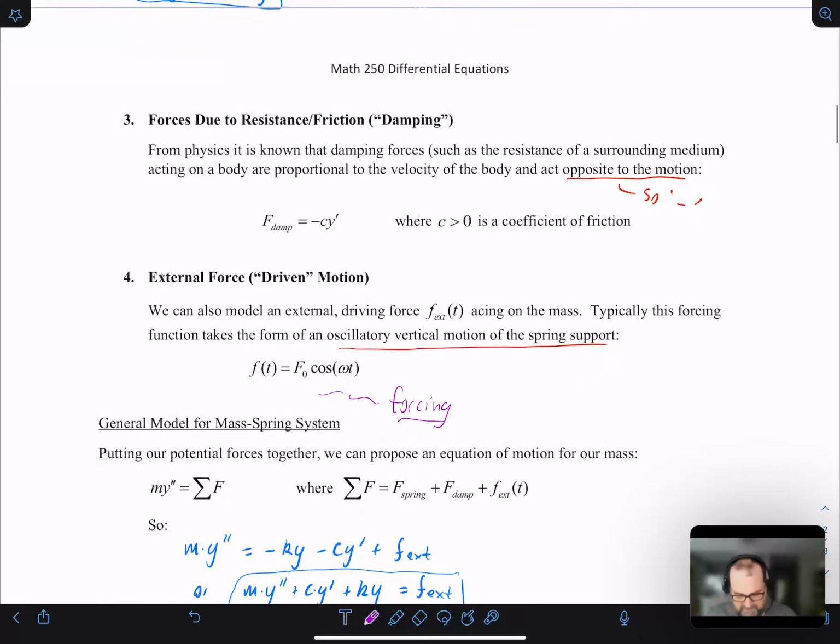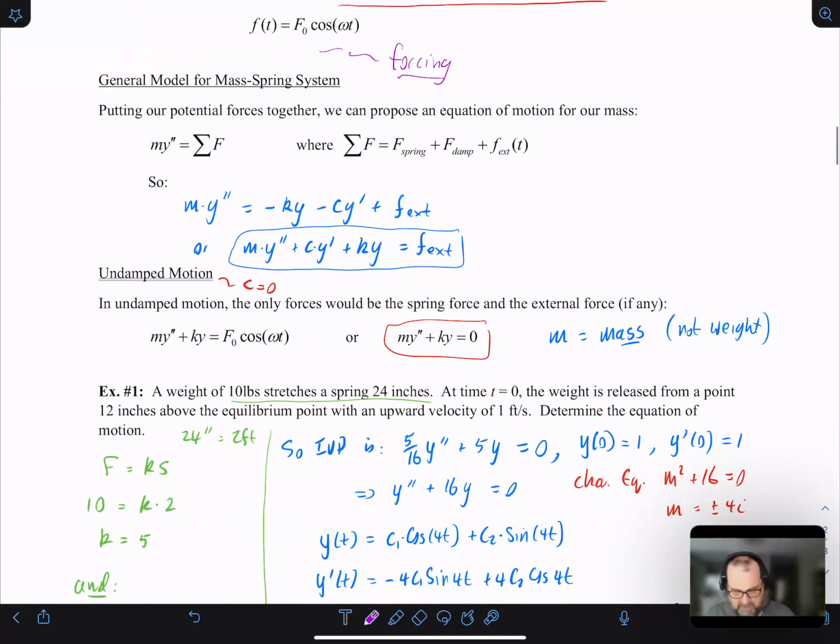All right, so given those forces, the idea is then equating our forces here. Again, our mass times acceleration is going to be equal to a force due to the spring, acting opposite to the force of our mass, a force due to friction, again acting in the opposite direction, and we might have some sort of external force.